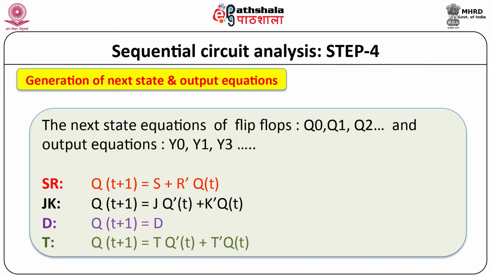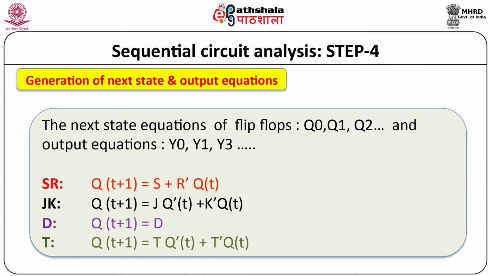The next state of a sequential circuit is represented by the status of memory after a clock pulse. Write the next state equation for each state variable using flip-flop characteristic equation and the circuit excitation equations.